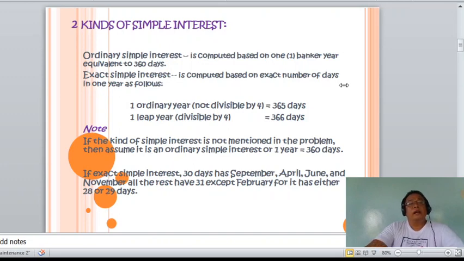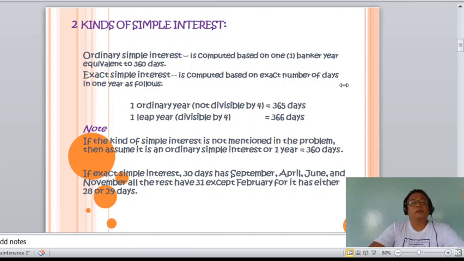Another kind of simple interest is the exact simple interest. This is computed based on the exact number of days in 1 year. So, 1 ordinary year, meaning it is not divisible by 4, is equivalent to 365 days.